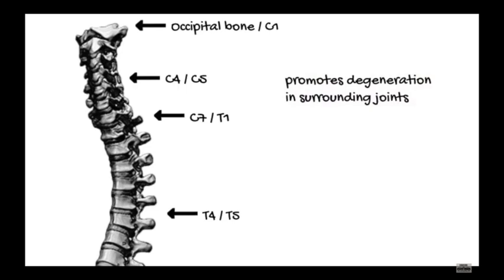Added pressure in those areas can cause degeneration over time, as well as degeneration in the surrounding joints. Also, forward rolled shoulders put stress on the glenohumeral joint that causes degeneration, so you're going to get forward shoulders from the tight chest.